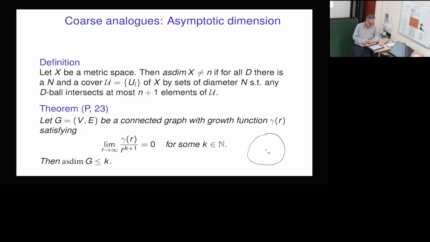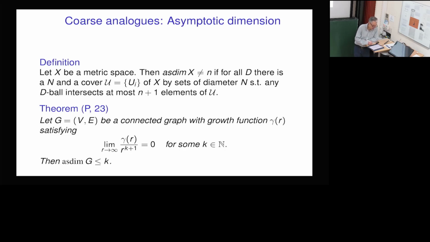So if this holds, then asymptotic dimension is... You mean if the growth is, say, r to the k? Maybe we can slice the space. Well, I'm still not sure how to formulate the question, so that's what I'm thinking. So what is the question exactly?